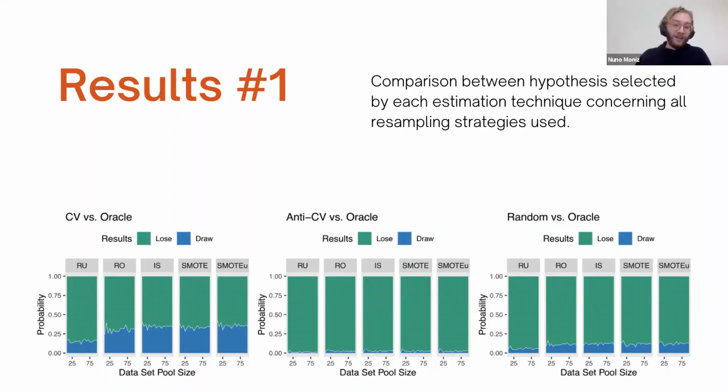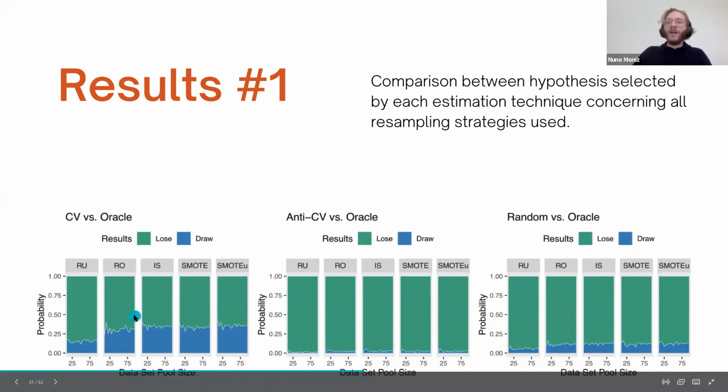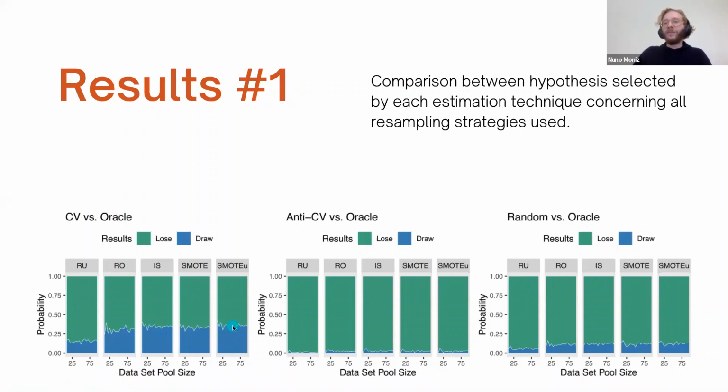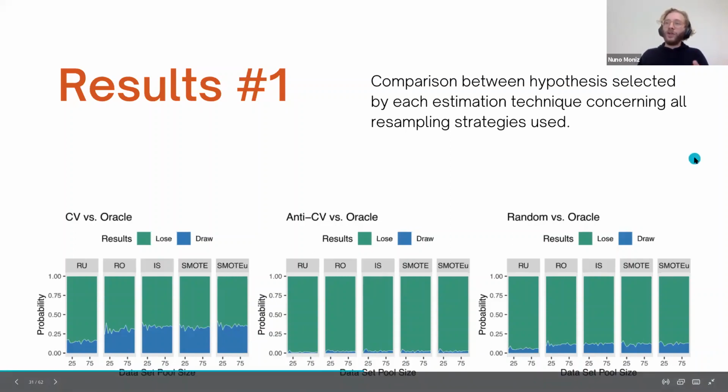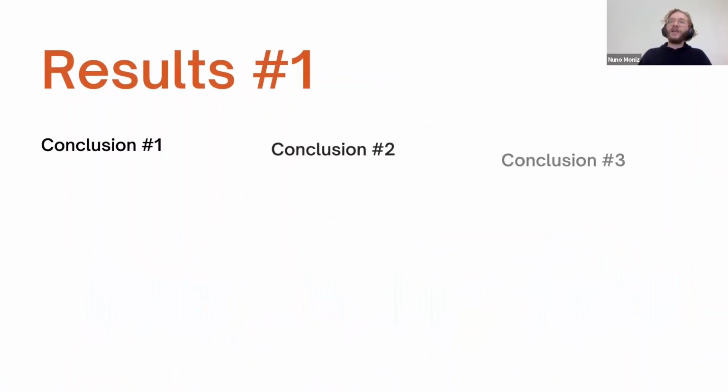We used anti-cross validation, which is basically selecting the model that had the worst validation score, and the random selection is basically selecting a random hyperparameter combination. And as you can see in this figure, you have some differences between the estimation techniques, and then you have some equal dynamics between some of the strategies within each estimation technique.